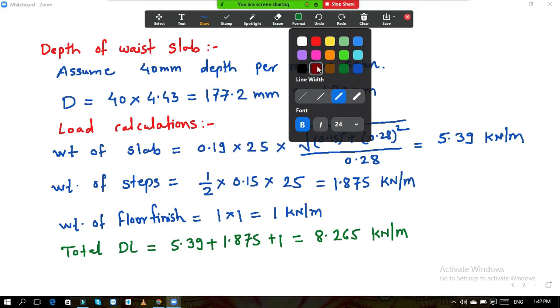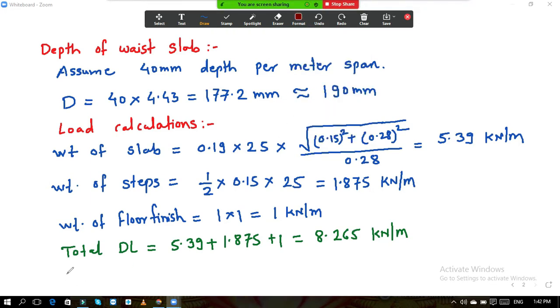Now we will take the live load. The live load is given in the problem as 3 kilonewton per meter square. So it is 3 into 1, which is equal to again 3 kilonewton per meter. This is your live load.